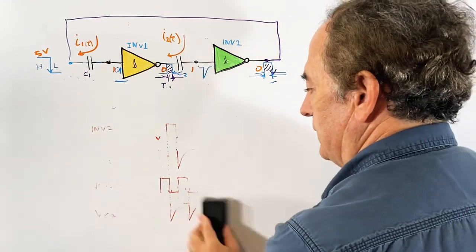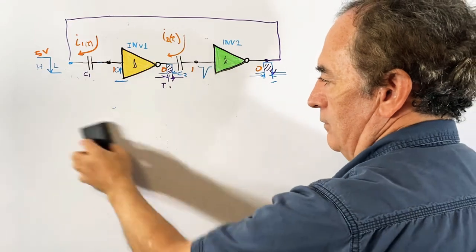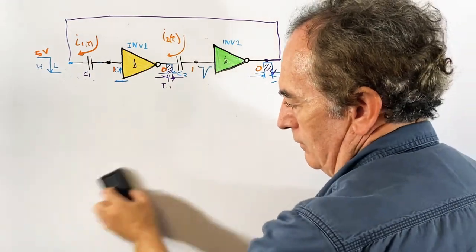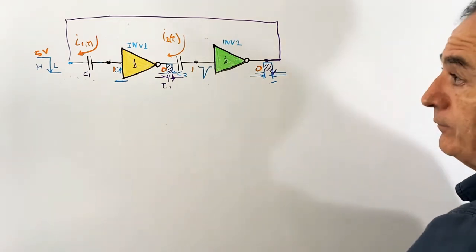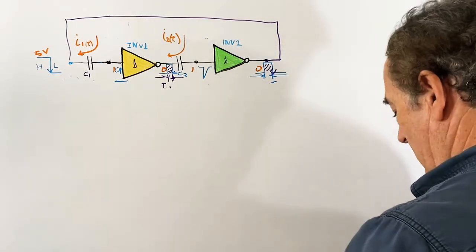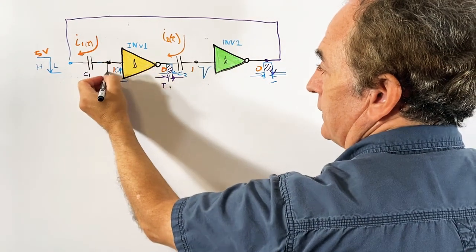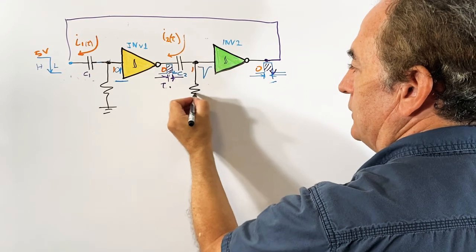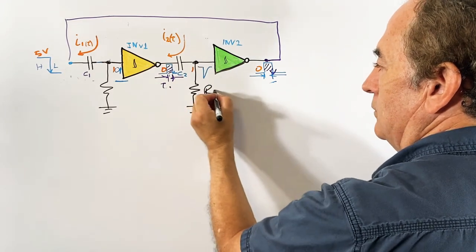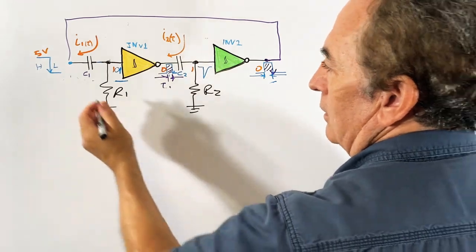Let me erase this. So your homework would be, if I ground this resistor 1 and resistor 2, okay?